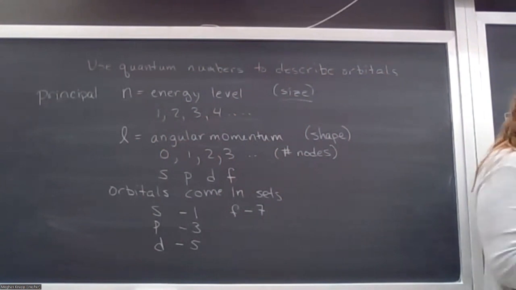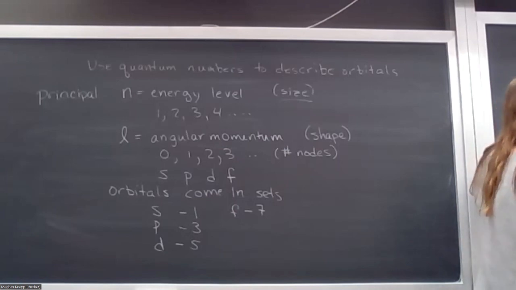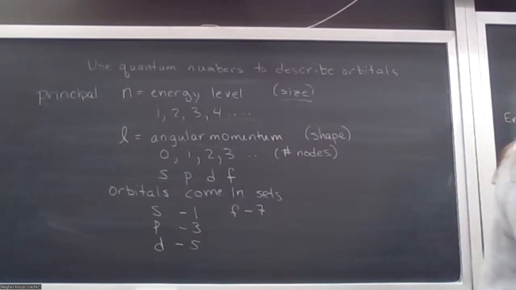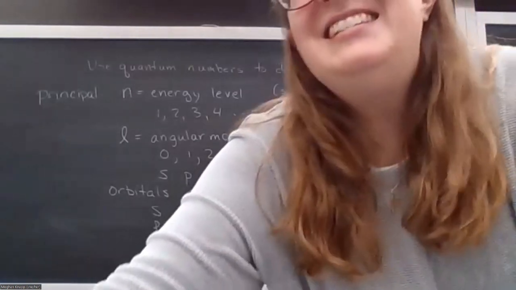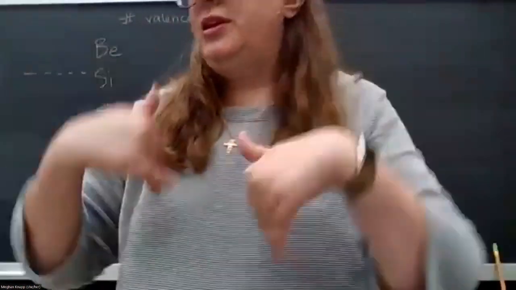You're going to light some things on fire in lab after Thanksgiving. You're going to get different colors. Those colors are going to correspond to differences in energy level. So this is why we need to talk about light. Today, all we're going to talk about is light as a wave, just how we can measure light, and that kind of thing. And then on Monday, hopefully we will connect light back to the atoms.